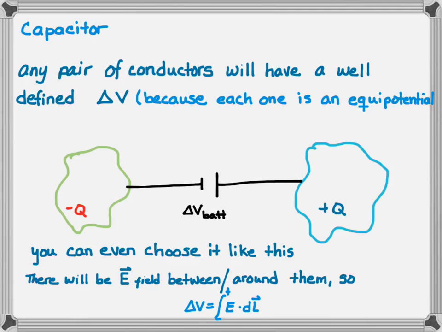You can even choose it such that there's an E field between them and around them, so that the potential is given by the integration between the negative charge and the positive side, the electric field dotted into the L vector.